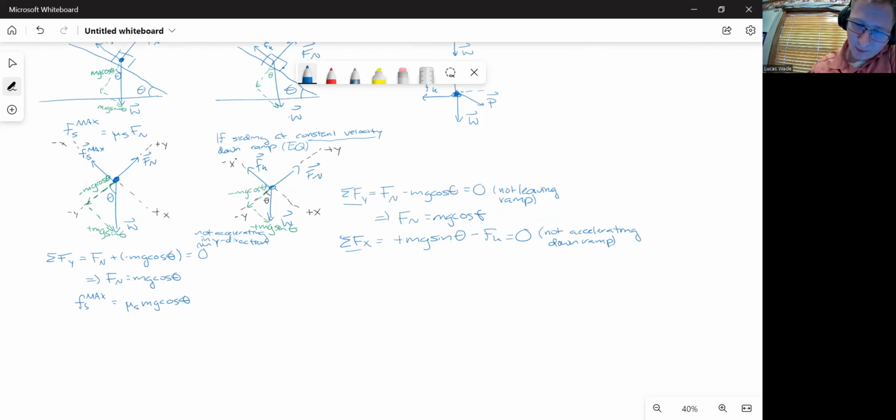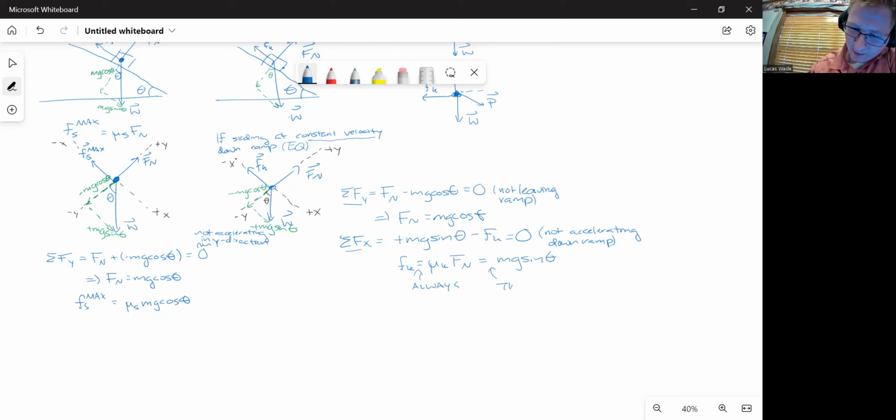And so we can determine, for instance, that Fk, which is mu k Fn, in this particular case is always equal to mg sine theta.